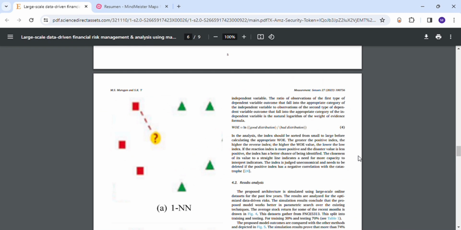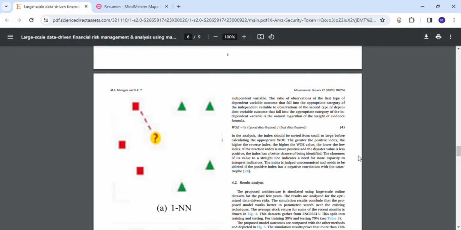In the analysis, the index should be sorted from small to large before calculating the appropriate WOE. The greater the positive index, the higher the Y value, the lower the index. If the reaction index is more positive and the disaster value is less positive, the index has a better chance of being identified.